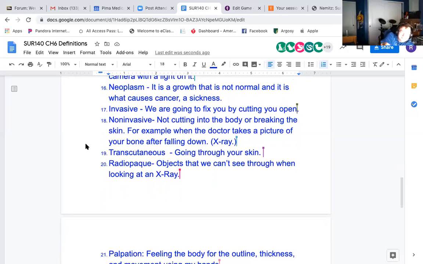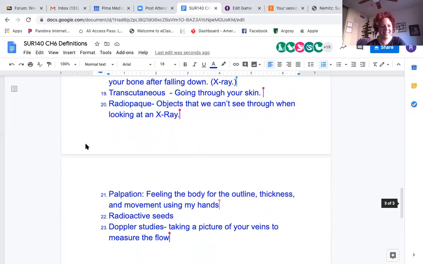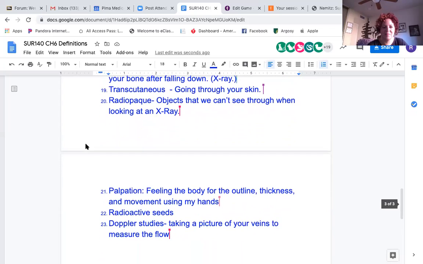Invasive. We are going to fix you by cutting you open. Ouch. Good job. Non-invasive, not cutting into the body or breaking the skin. For example, when the doctor takes a picture of your bone after falling down, or an x-ray. Very good. Transcutaneous, going through your skin.